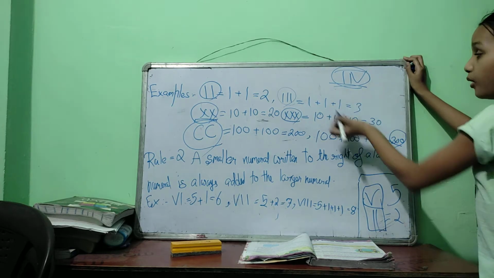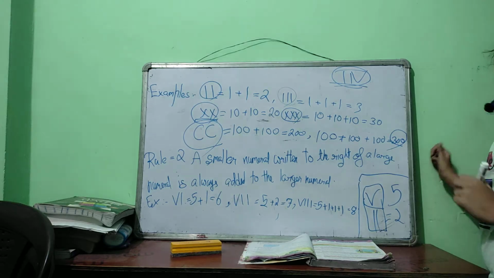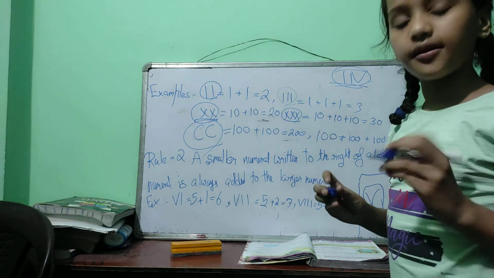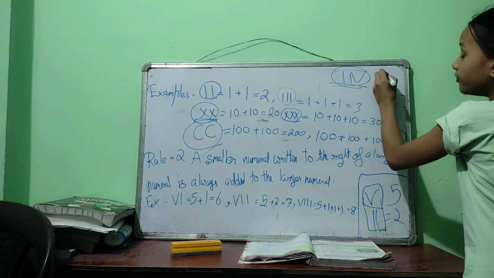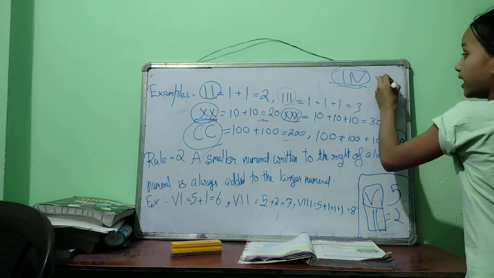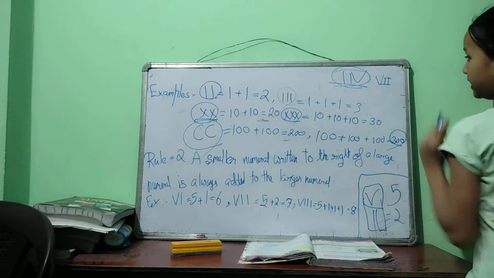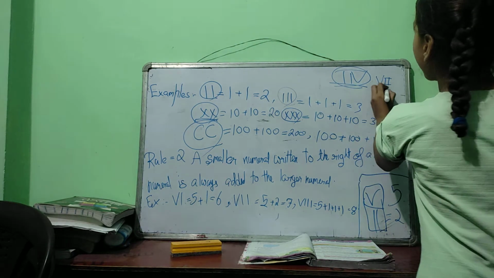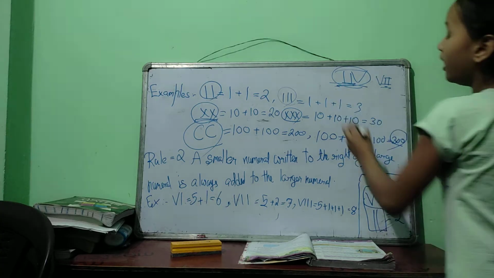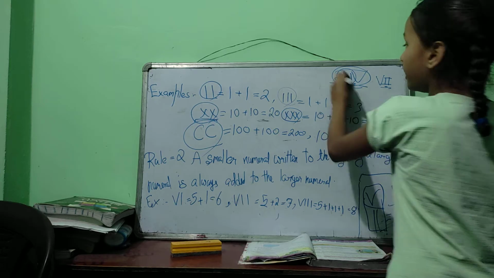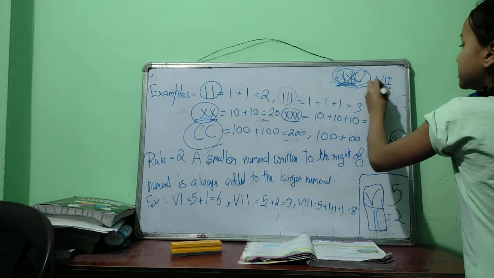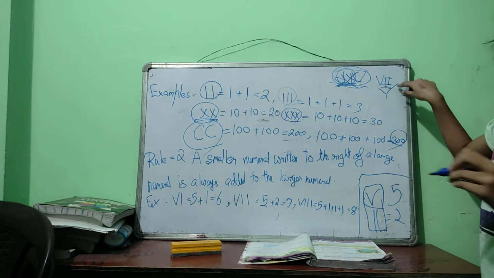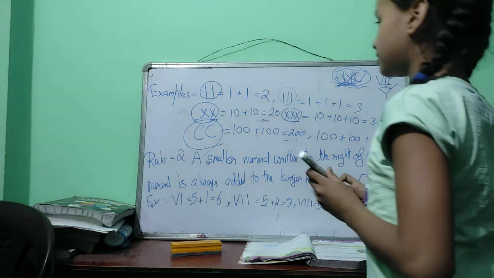Now how can we write 7? We have to write V, I and I. The 2 will be added on the right side, not on the left. If we put the smaller digit on the left, it will be meaningless. This one is the correct way of writing Roman numerals.